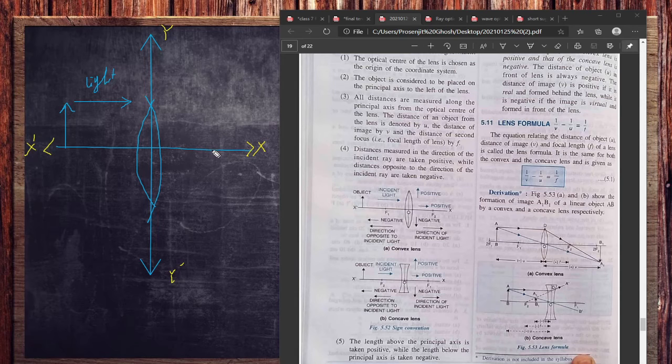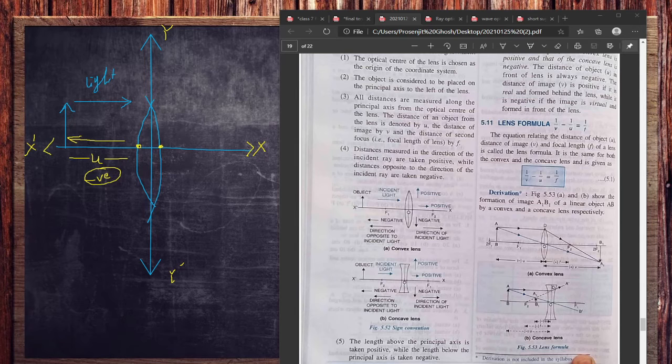Remember, whenever you measure something, it always starts from the pole. So if you are trying to measure the object distance, you have to start from the pole, and while moving you are moving along the negative x-axis. So the value of u is negative. That means the object distance in this case is negative.